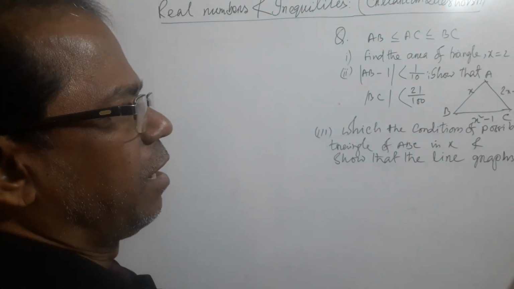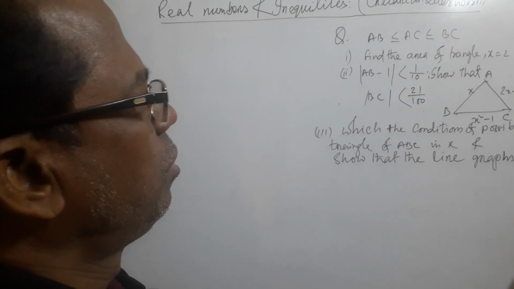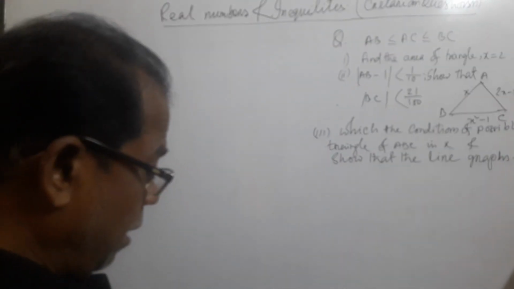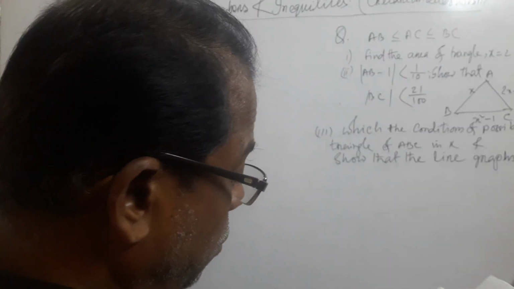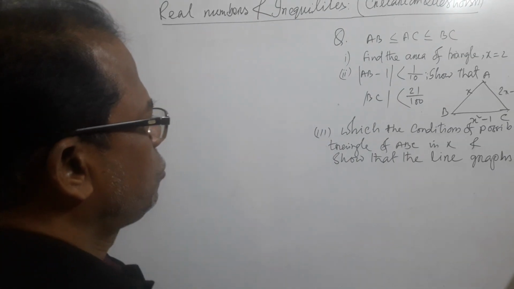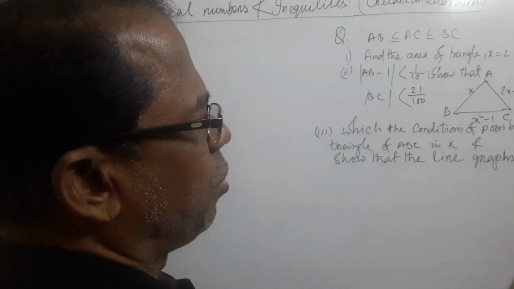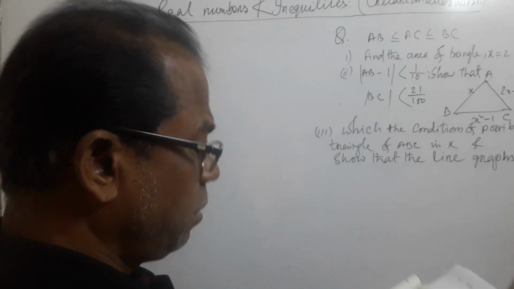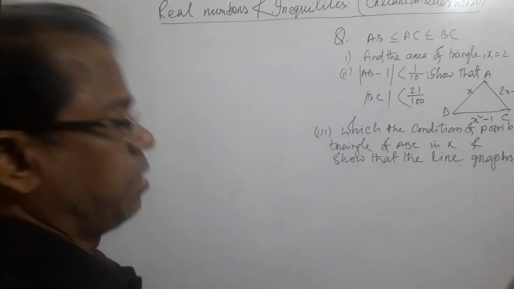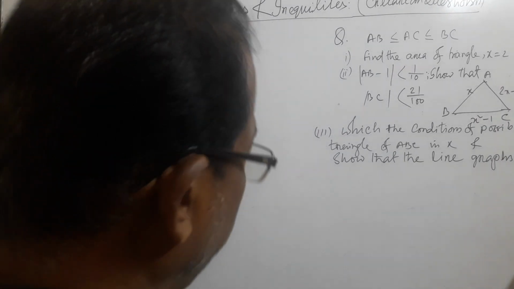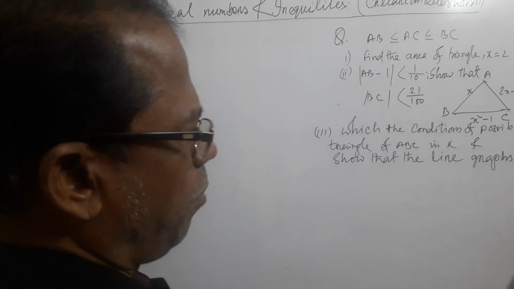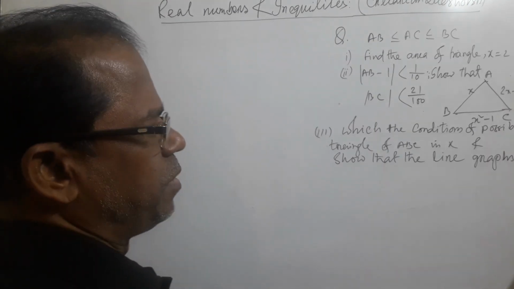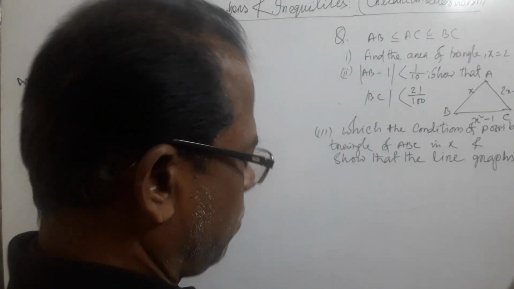Find the area of the triangle when x equals 2. Secondly, modulus of AB minus 1 is less than 1 by 10, and modulus of BC is less than 21 by 100. And thirdly, what are the conditions for a possible triangle ABC in x?